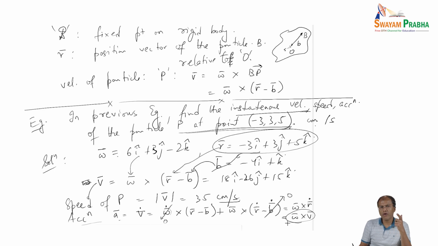This is something we will revisit when we discuss the concept of moving frames: what is the acceleration of any particle in the moving frame? So we will look at this result again. In the meantime, let us now discuss some results for general rigid body kinematics.